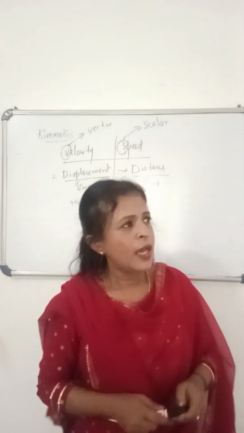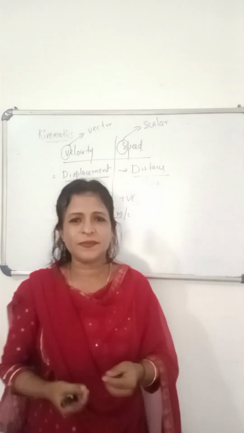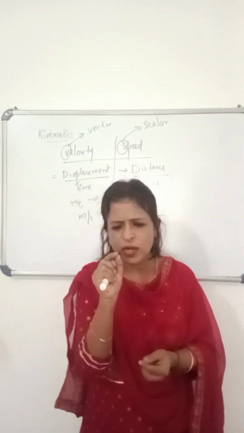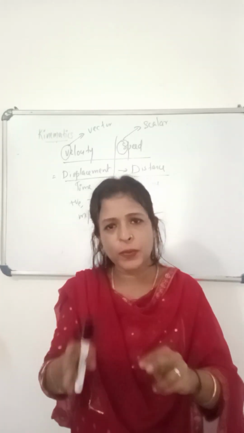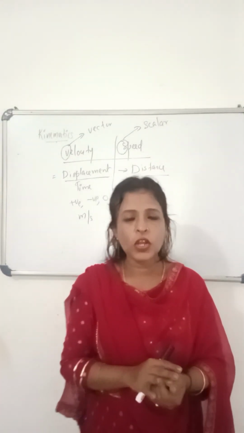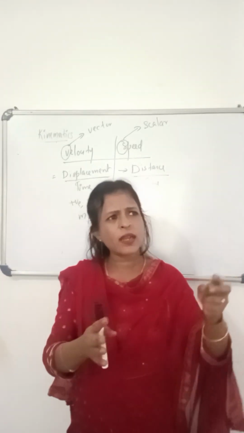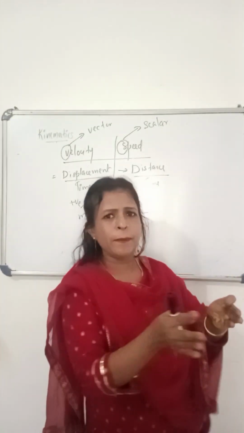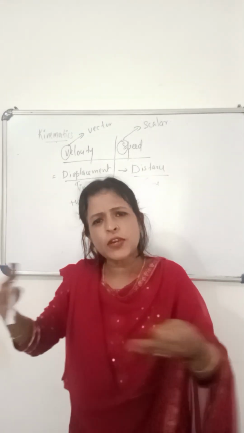And from these very simple terms come other terms also: average speed, instantaneous speed, average velocity, instantaneous velocity. Then what is average, what is instantaneous? Instantaneous velocity or speed is the velocity or speed at one small instant of time. Suppose one car is moving from A to B, B to C, C to D with different velocities.